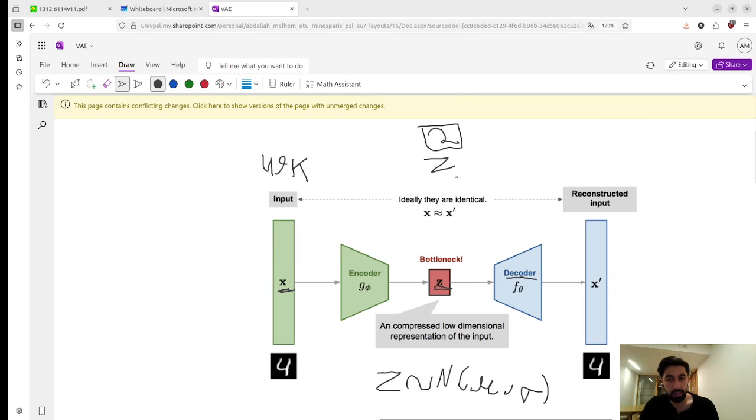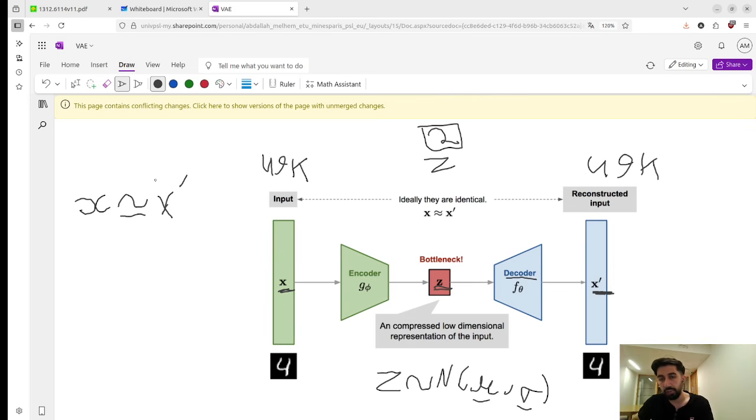We got Z following a normal distribution of mean mu and standard deviation sigma. Then we input Z to the decoder, and it outputs an image X prime, also of dimension 49,000. And in an ideal world, X would be equal to X prime as close as possible. So that's how you train a variational autoencoder.